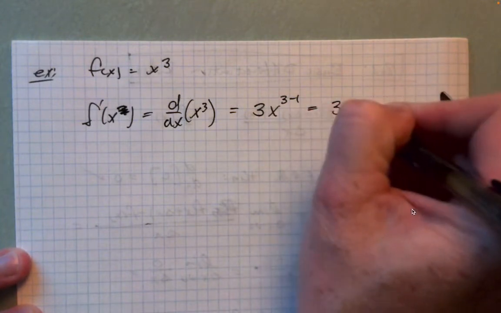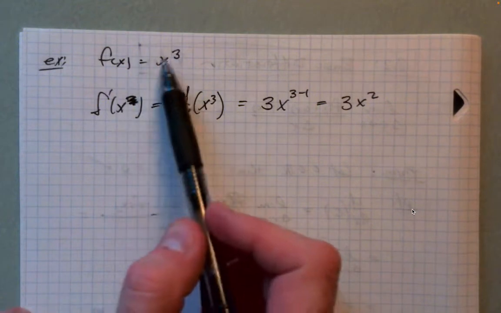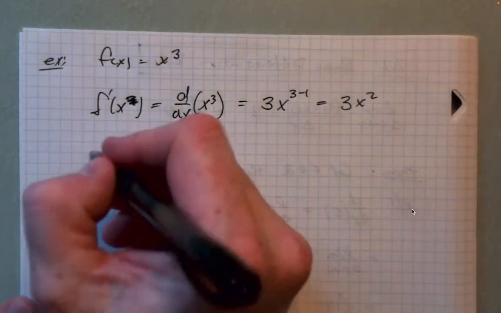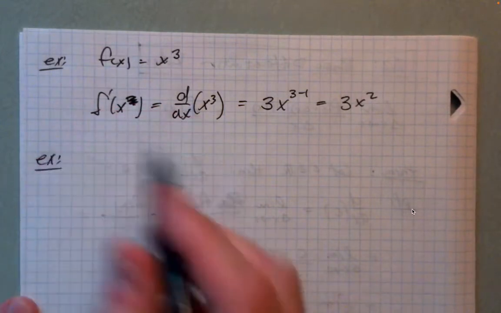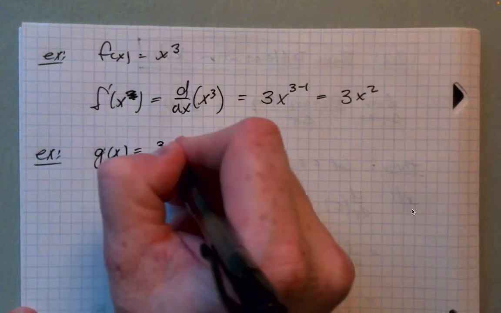So that's 3x squared. It's just that easy. It's basically a one-stepper. If you remember the form, you'll know that that's 3x squared when you differentiate. What about another example? Let's say g of x equals the cube root of x.